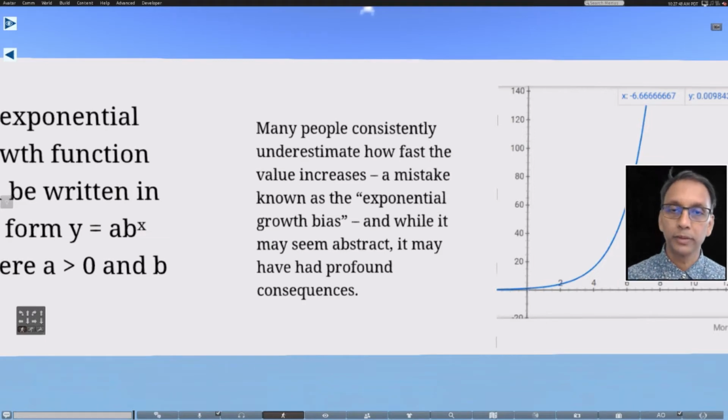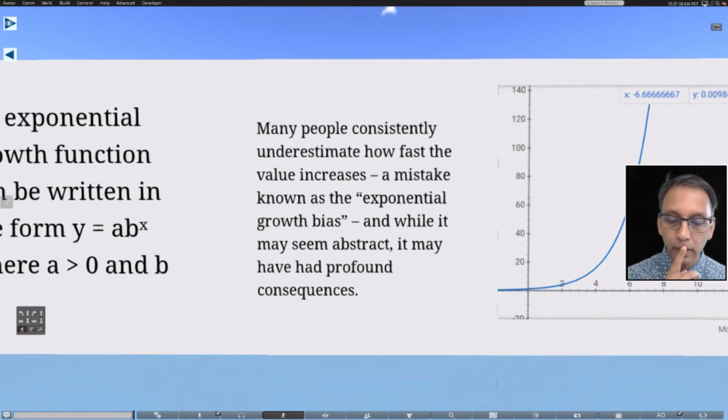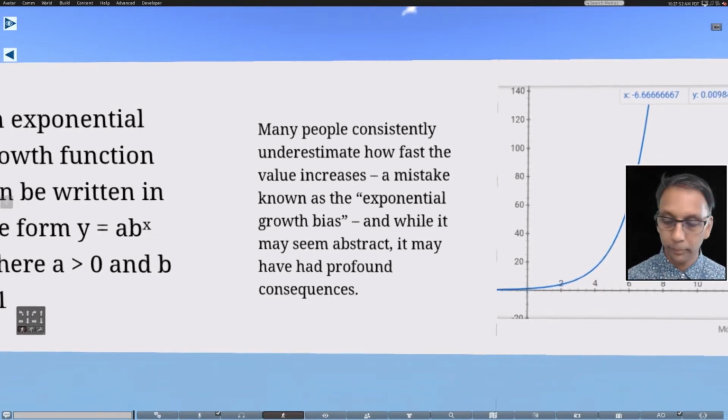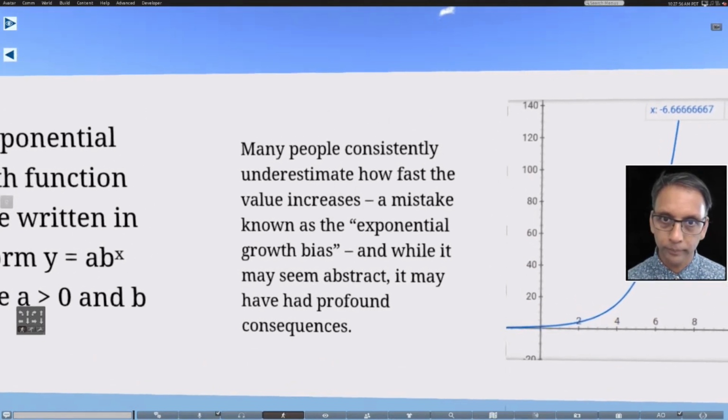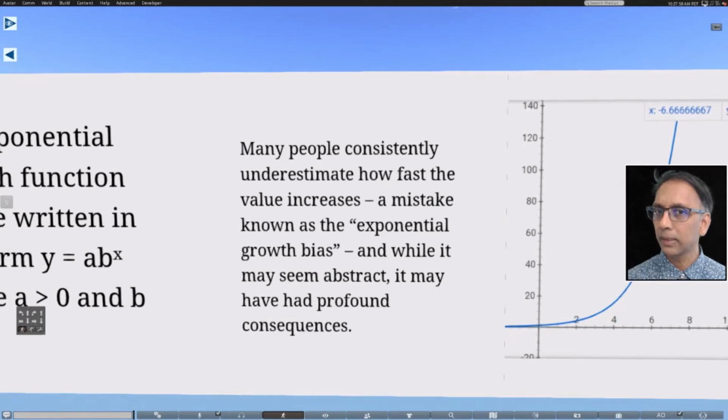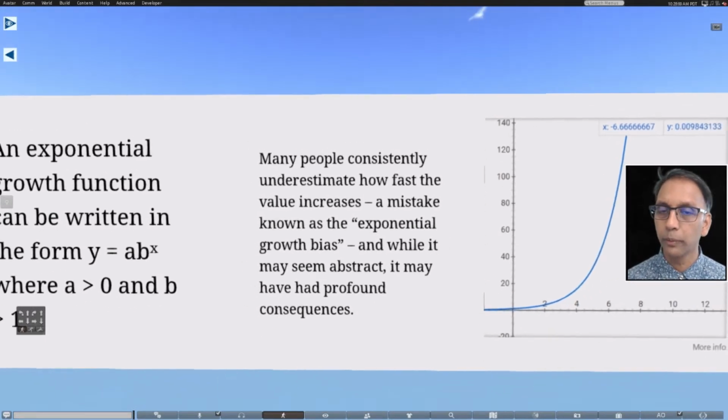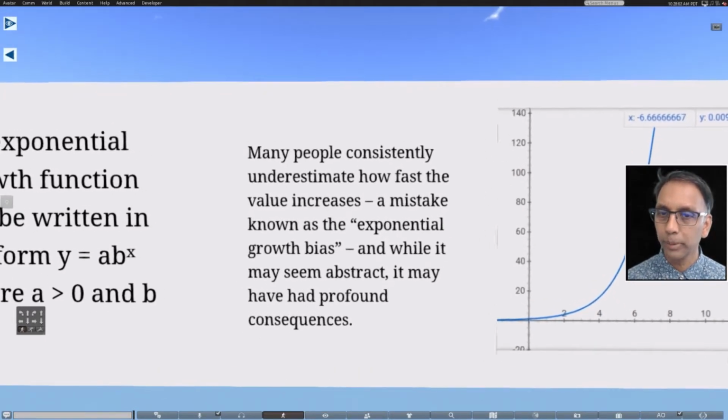The word bias suggests that it is something that maybe can be addressed, can be removed. So let's see whether that's really possible, or whether it's something so deep and ingrained in our makeup, in our perceptual abilities, our cognitive abilities, that it's really hard to escape the exponential growth bias.